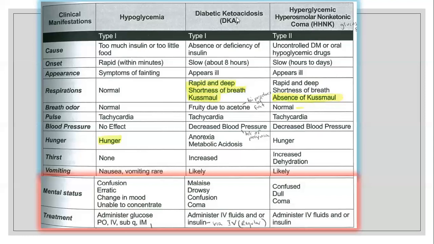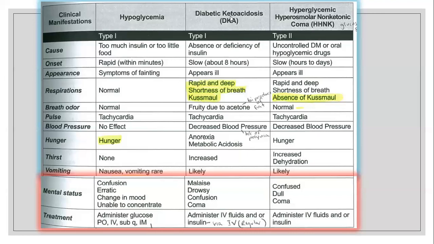If a patient has diabetic ketoacidosis, they have a characteristic breath odor. It is called fruity, due to the acetone, but it is absent in type 2 diabetes complications. And what is the treatment?